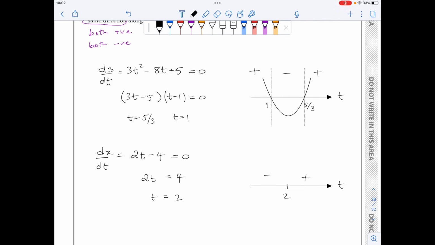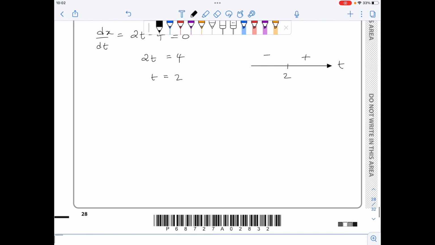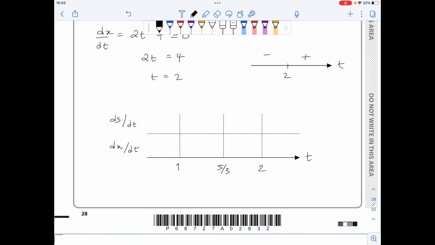So now that I have established where each derivative is positive and where it's negative, let's collapse this into a single table with the 3 cutoff points, 1, 2, and 5 over 3. ds/dt is positive to the left of 1 or to the right of 5 over 3. Hence, it's negative between 1 and 5 over 3. dx/dt is positive to the right of 2, and it's negative to the left of 2.